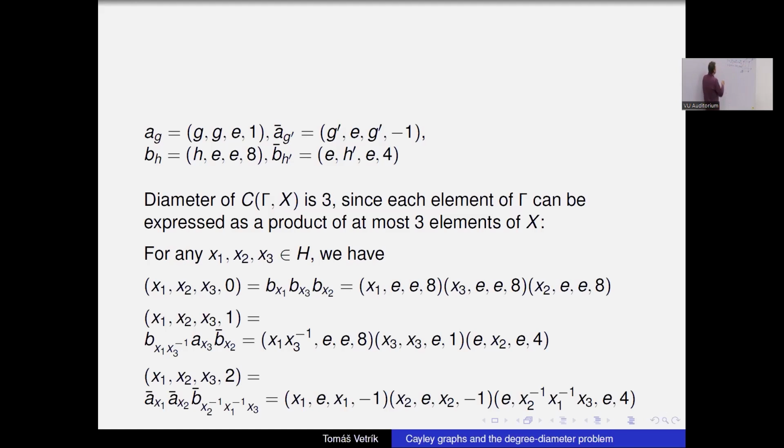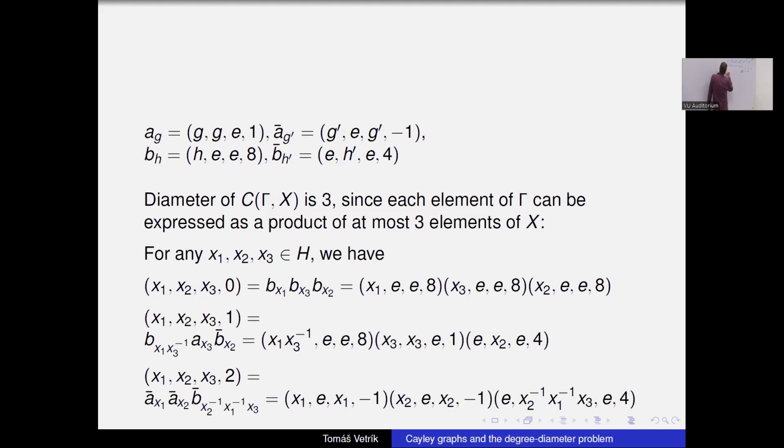The diameter of this graph is 3 because every element can be expressed as at most 3 generators. So if you take the element 1, 1, 1, it can be written, well, since we are using an additive group, we are using plus as the operation. So here, the group operation is plus.